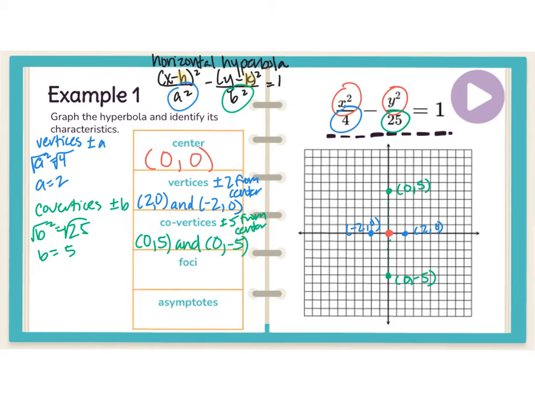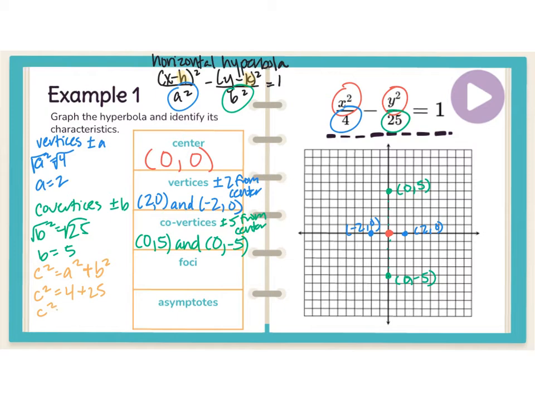Now we find the foci. We use our formula c squared equals a squared plus b squared. Remember, we do the plus b squared when we're looking for the foci in a hyperbola. Now we know that a squared is 4, and b squared is 25.